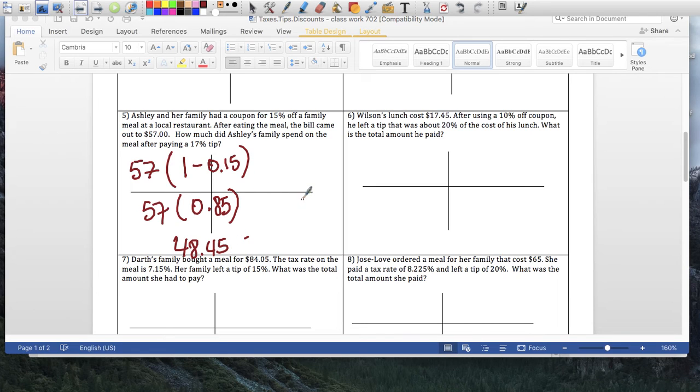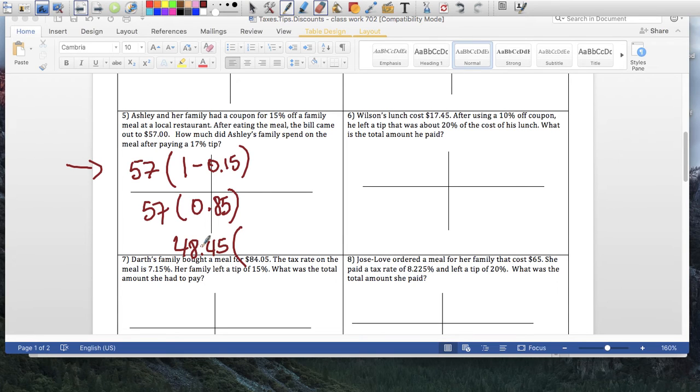And now we've got to figure out the tip. So this one's a little tricky because the tip, like I told you guys in class, is based on the food, right? So will you tip based on the original price of the food, or will you tip based on the discounted price of the food?